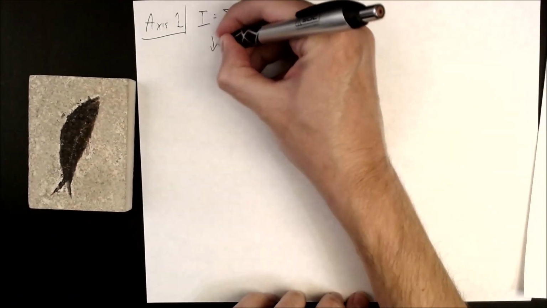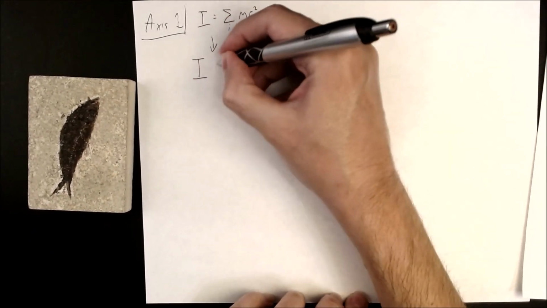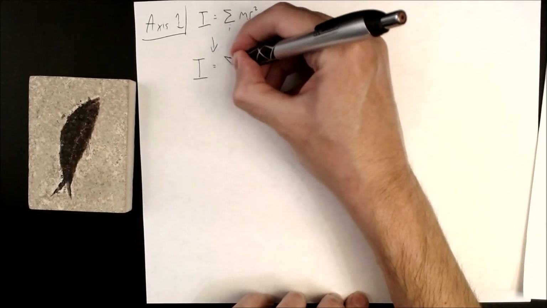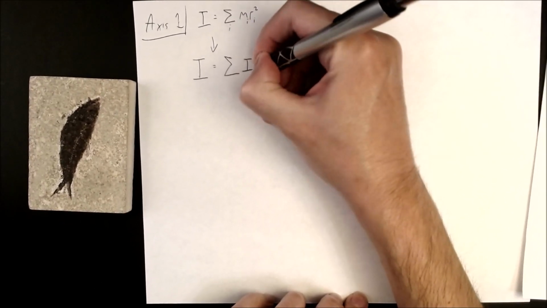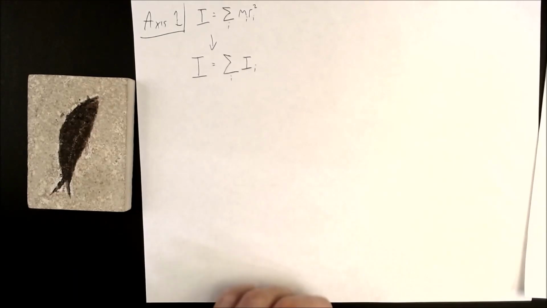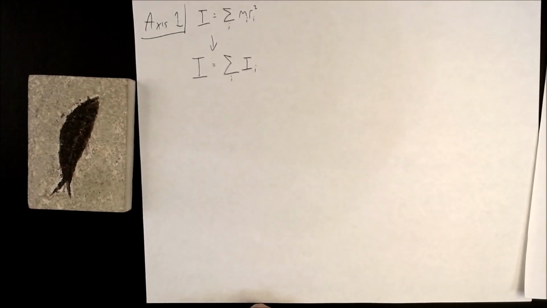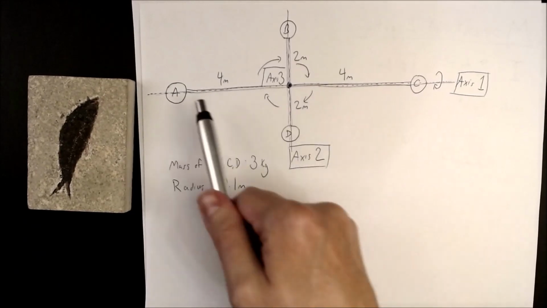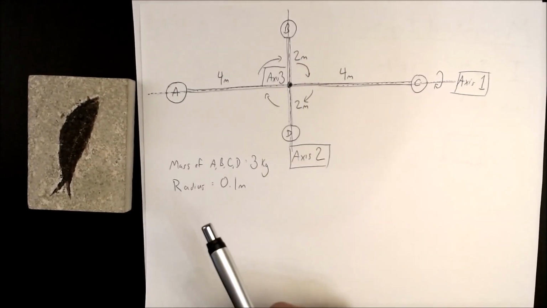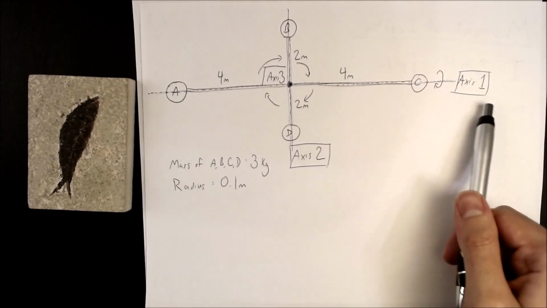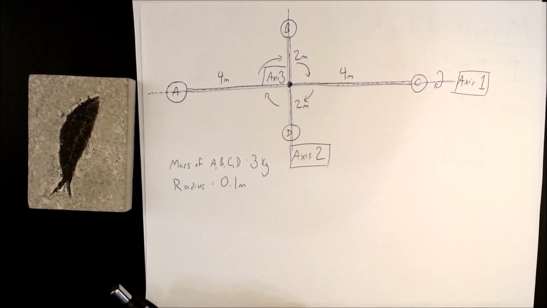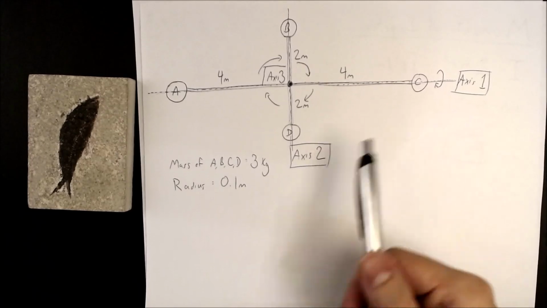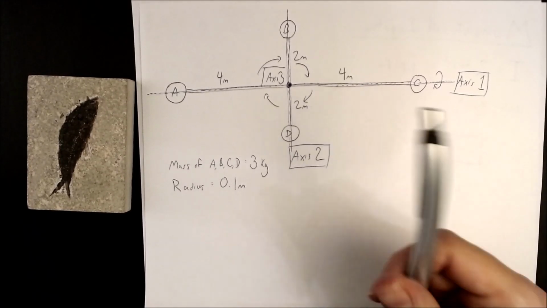So we can convert this to: the total moment of inertia is equal to the sum of all of the individual moments of inertia of every object. If we can find the moment of inertia of each of these objects around each given axis, starting with axis 1, then we can find the moment of inertia around axis 1, and then around axis 2, and then around axis 3.